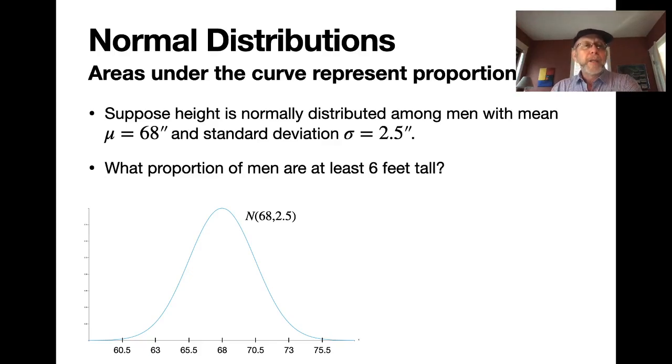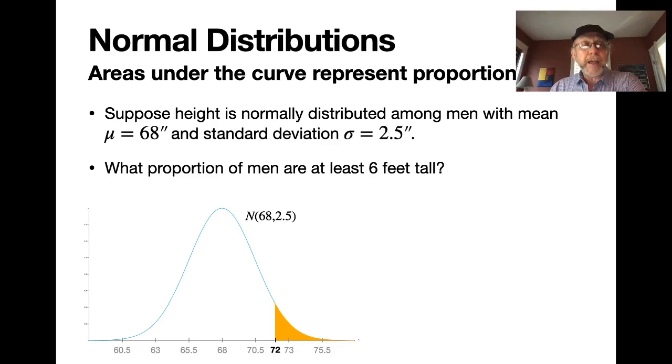Now let's think about it. What proportion of men are at least 6 feet tall? 6 feet is 72 inches. So that would be represented by the area under the curve corresponding to x values of 72 inches or greater. And that's what I've highlighted here in the curve.